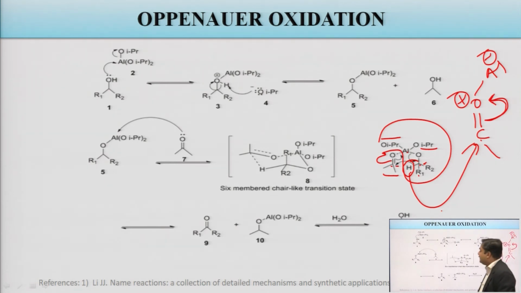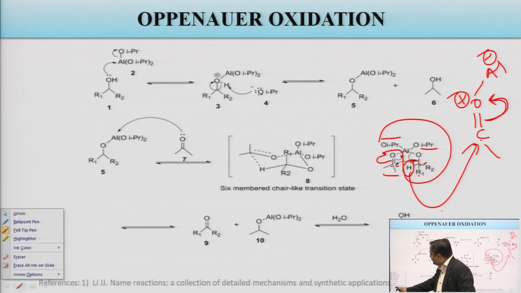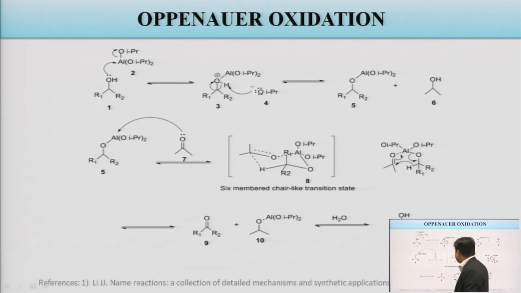This is why we say that the overall reaction proceeds by hydride ion transfer, because here it is coming from one carbon to another carbon. Okay. After that you can see this carbon becomes positive charge.